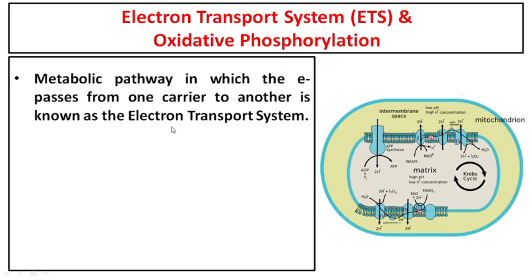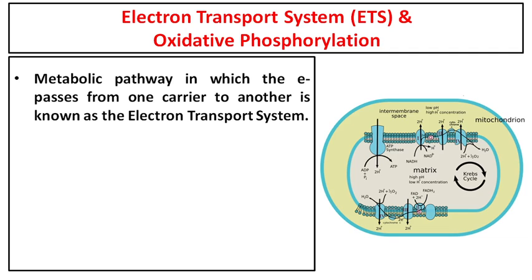The electron transport system is a metabolic pathway in which electrons are passed from one carrier to another. Just like the electron transport system that we saw in photosynthesis, the same kind of transport system is present here as well. In photosynthesis, the electron transport chain was present on the thylakoid membrane.